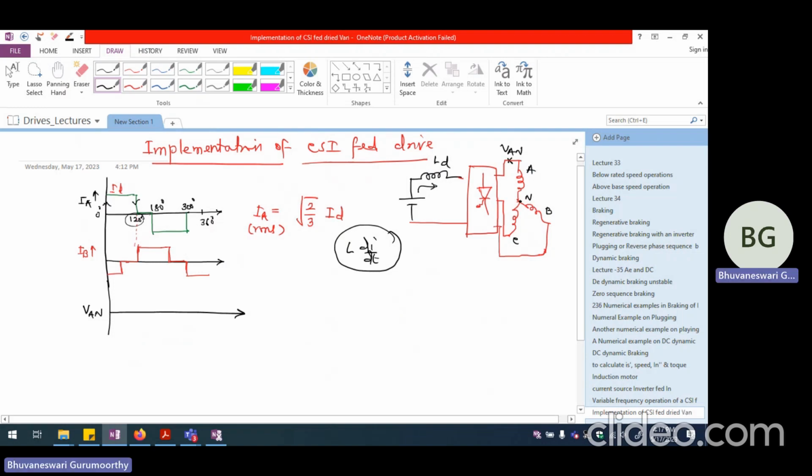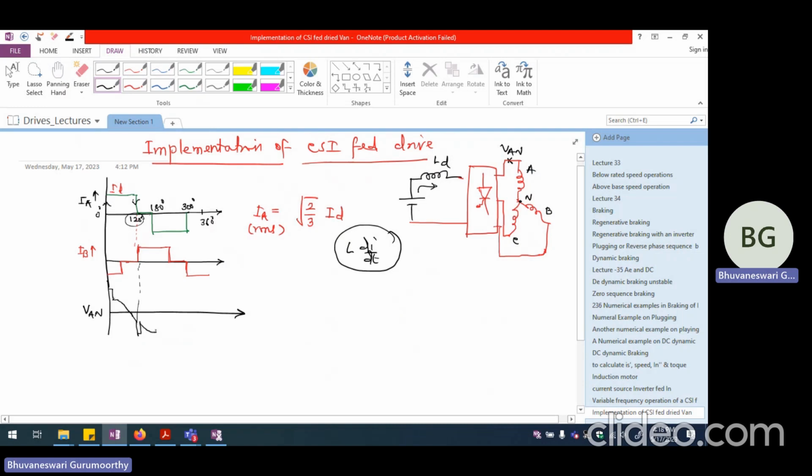Here the current is increasing, so I may have a positive di by dt, and then probably here this is coming down. And one more thing, because it is an inductive circuit, the current should be lagging behind the voltage. So if the current zero crossing is somewhere here for A phase, the voltage zero crossing might have come right here. So from here, we are going to have a negative voltage.